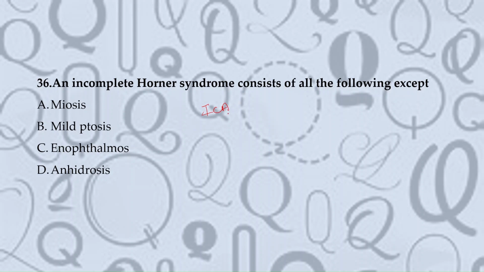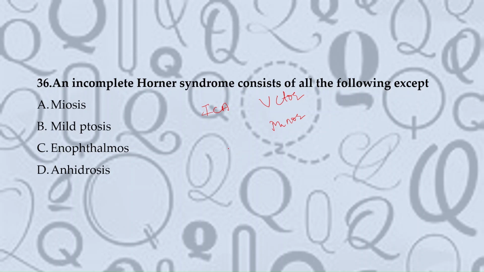So how do you objectively quantify anhidrosis? We do something known as the Minor test. Here tincture iodine is applied over the forehead and some corn flour is used to dust the tincture iodine. You can induce sweat by asking the patient to perform exercises or raising the temperature of the room.